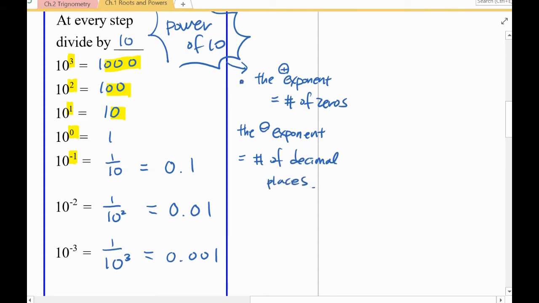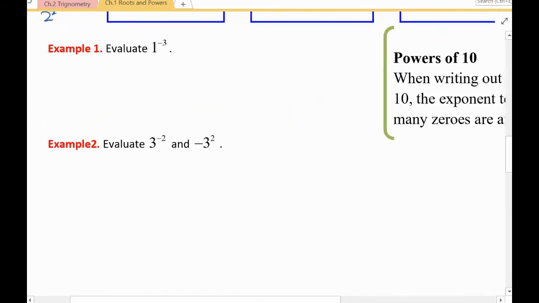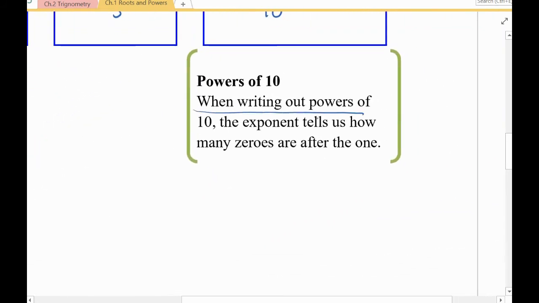So remember those two things. Power of 10 is really special. A positive exponent is the same as the number of zeros, and a negative exponent is the same as the number of decimal places. When writing out a power of 10, the exponent tells us how many zeros are after the 1.